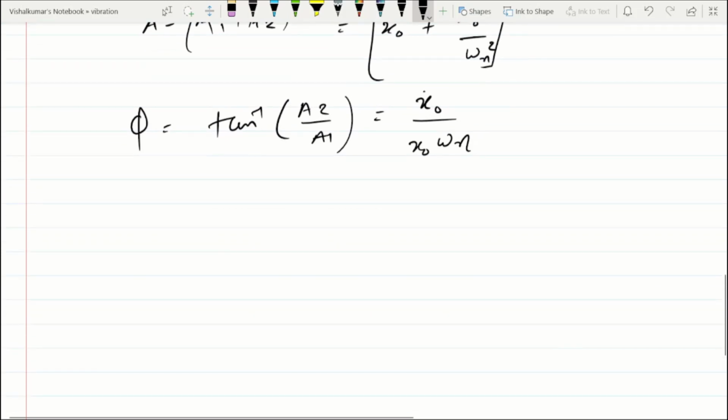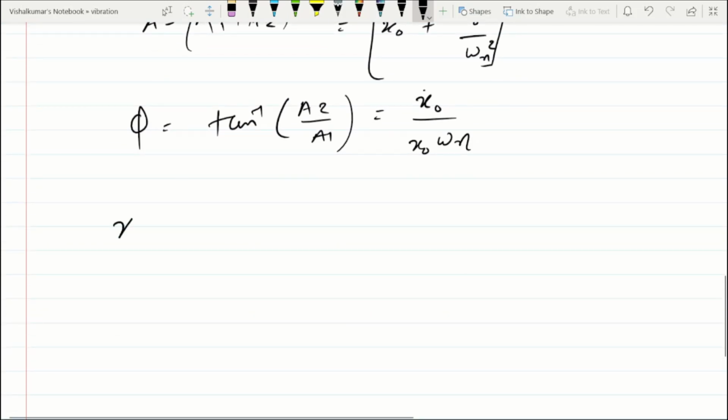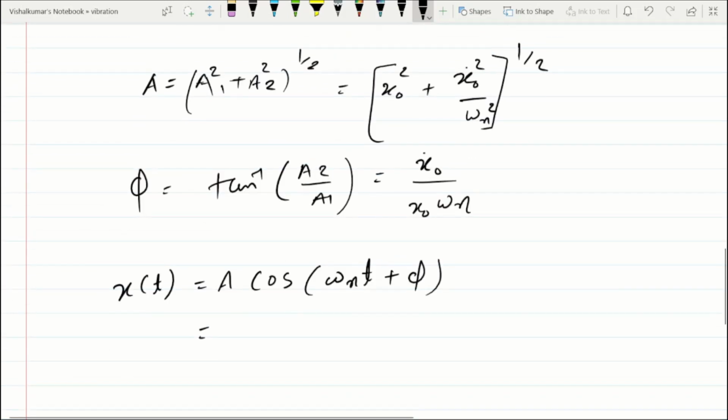Now the response can be written as x of t equal to A cos of omega n t plus phi, where the value of A can be found using this equation, and the value of phi can be found using this equation.